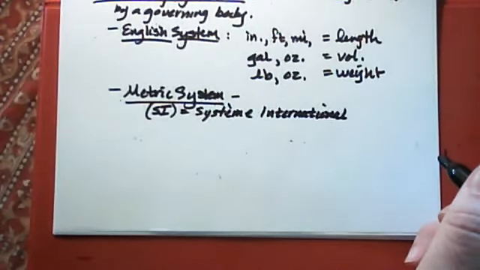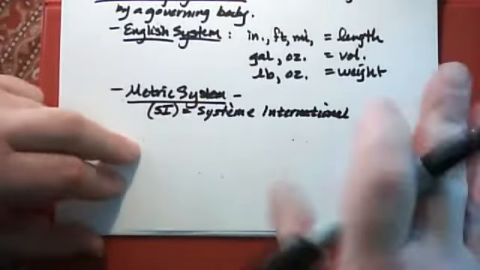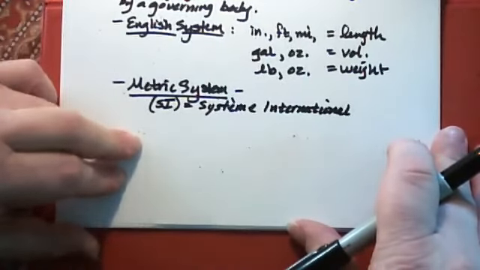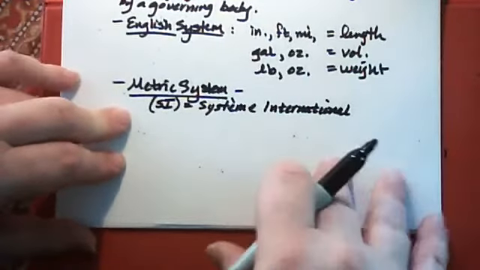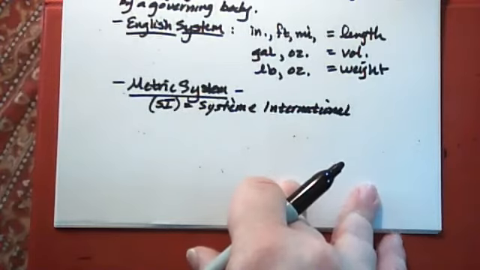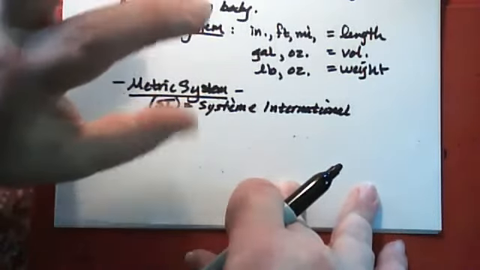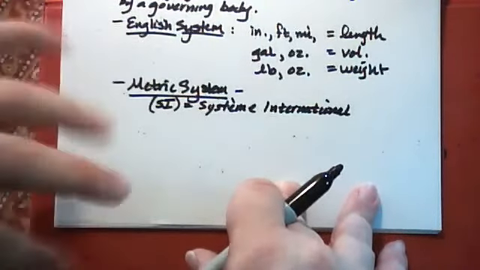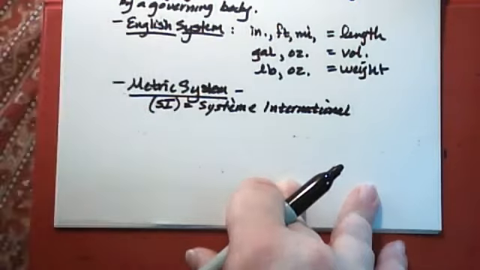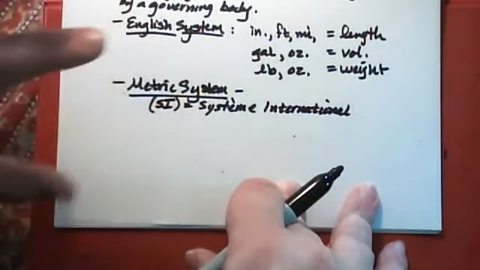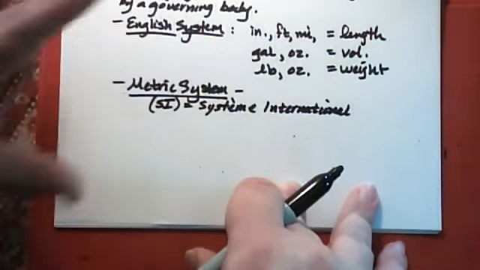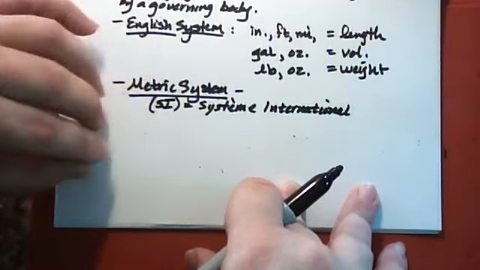That's why it's SI instead of IS. And this gives a particular subset of the metric system where certain units are used for certain types of measurement as kind of the official unit. And that's because there are certain equations that will only work out correctly if you use certain units for certain measurements.